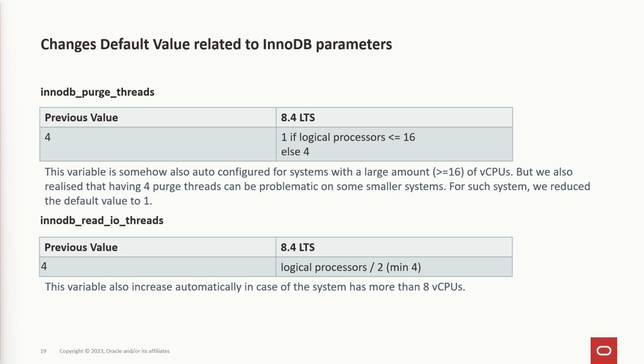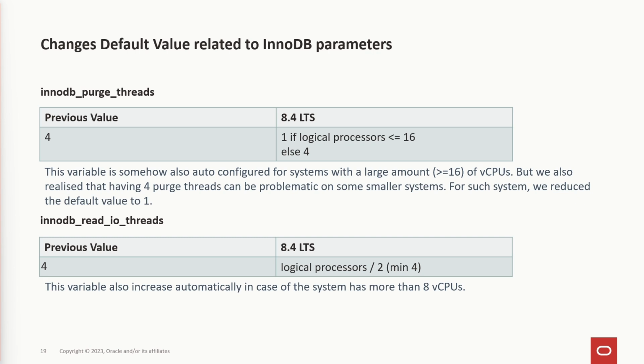And this one is, if the VCPU logical processors are less than 16, then it should be 1. Previously it was all 4, but you didn't specify this one in MySQL, I think. So now 8.4 is more flexible to your system.